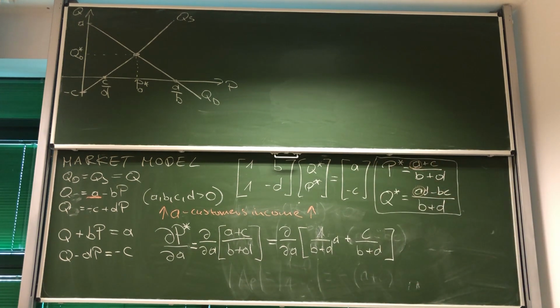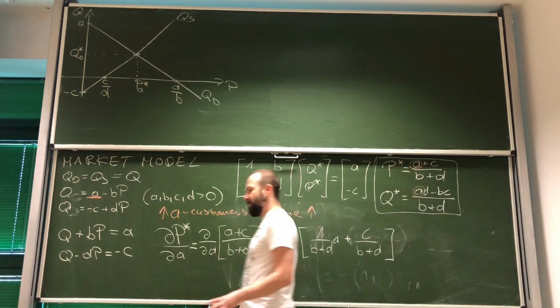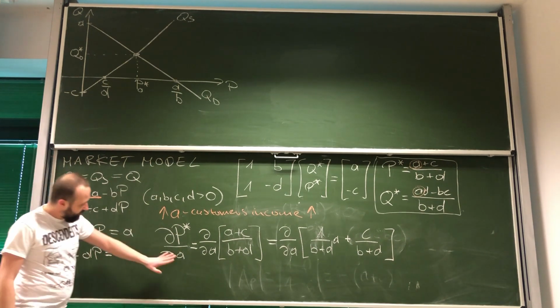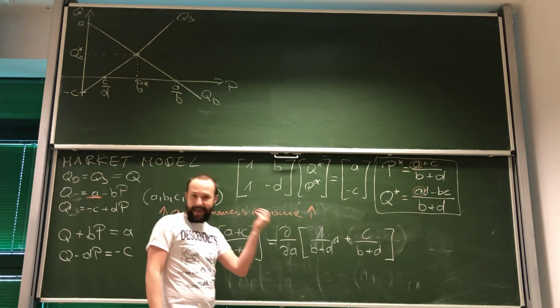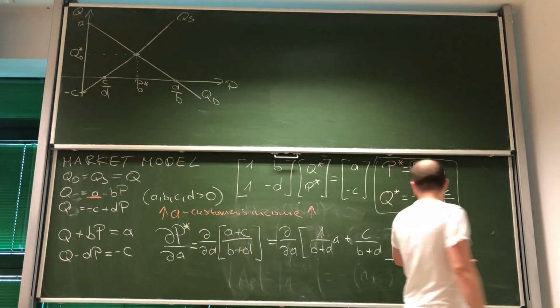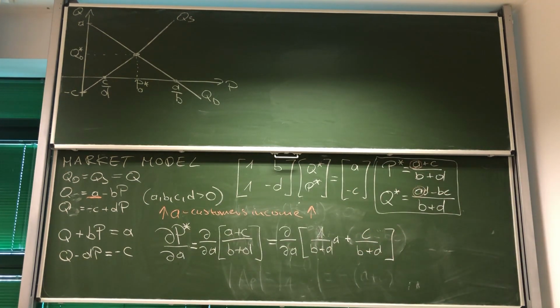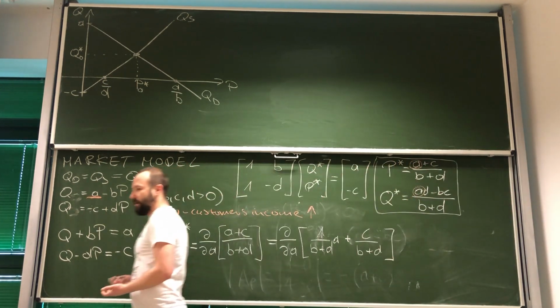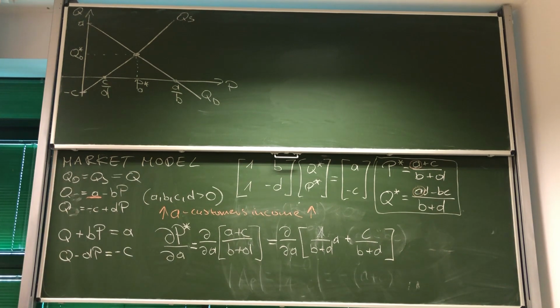Okay, let me remind you the idea about calculating partial derivative. When we calculate partial derivative, we are assuming that one variable is changing. In our case, this is going to be A, while everything else is treated as constant. And look, anything that is treated as constant is gone in differentiation.